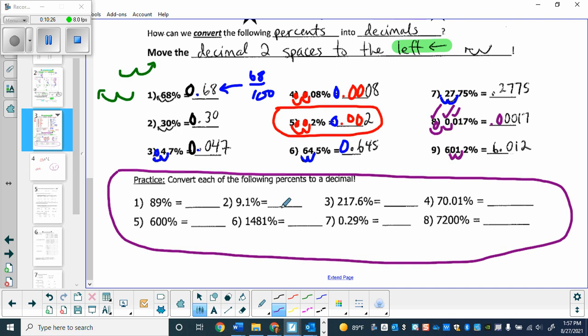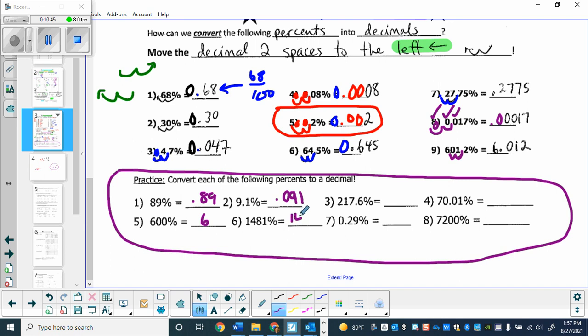So now that you've tried these on your own, if we're making each of these percents a decimal, I'm just going to go back twice. So this one should be a 0.89. This one would be a 6.0, or just a 6. This would be a 0.091.